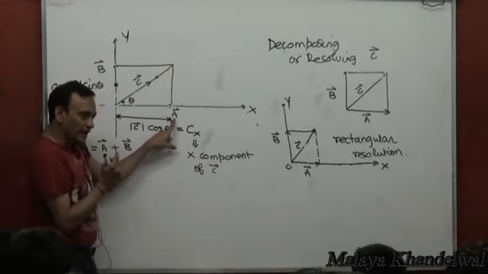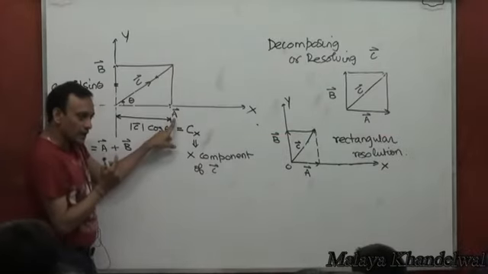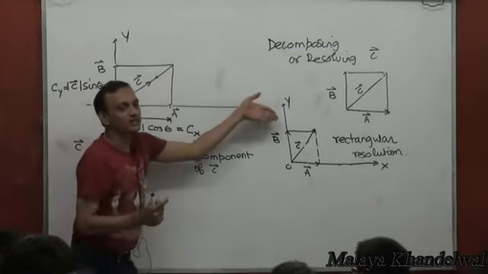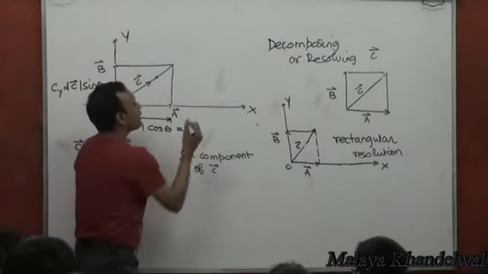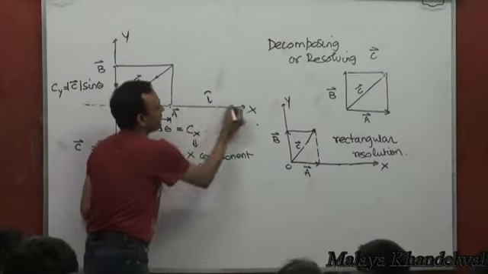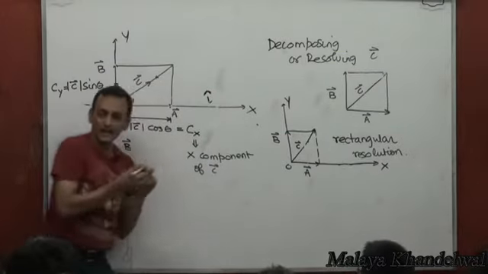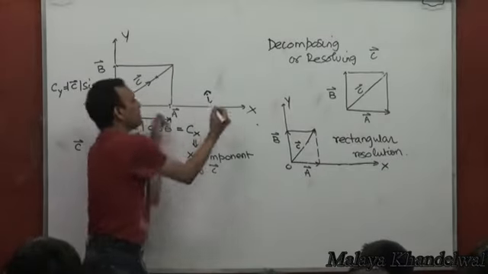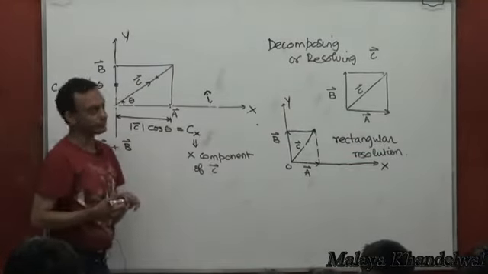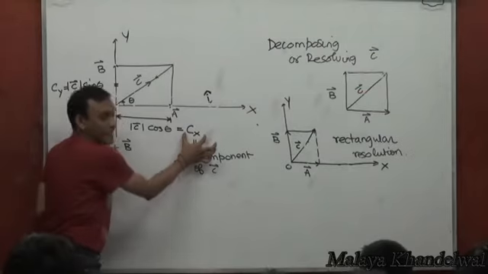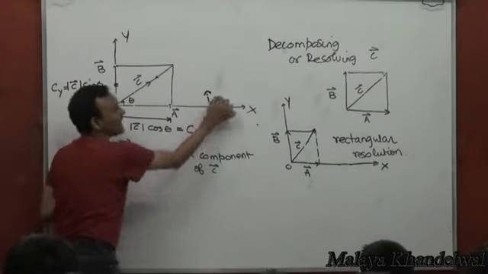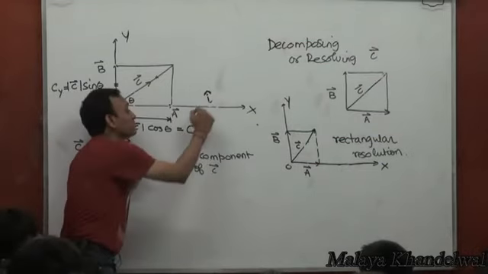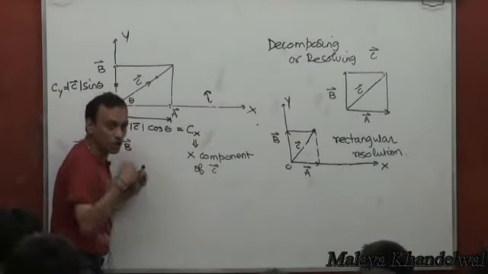The vector A must be Cx into a unit vector in this direction. If I cap is a unit vector along the x-axis, I cap, this is customary, then a vector of magnitude Cx in this direction would be Cx into I cap, yes or no?